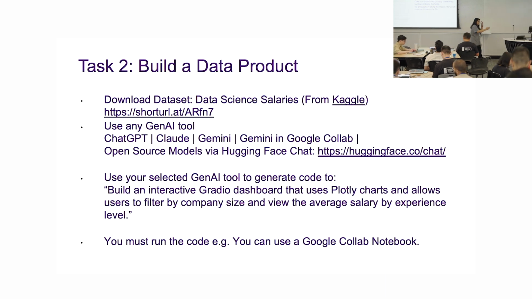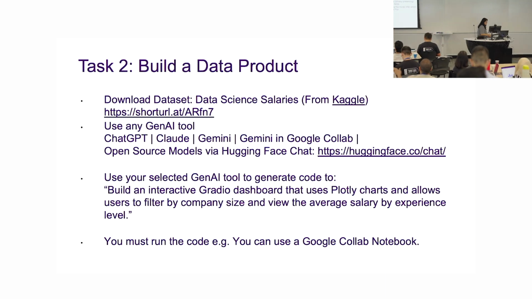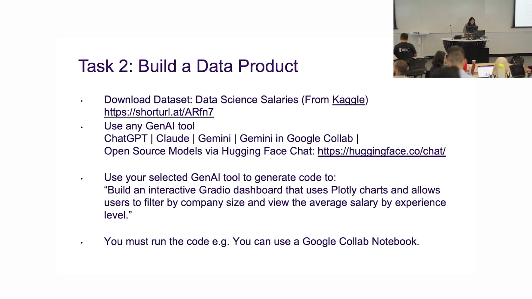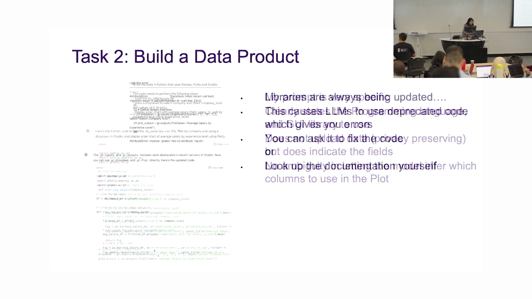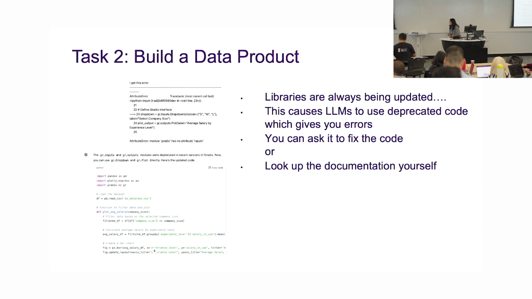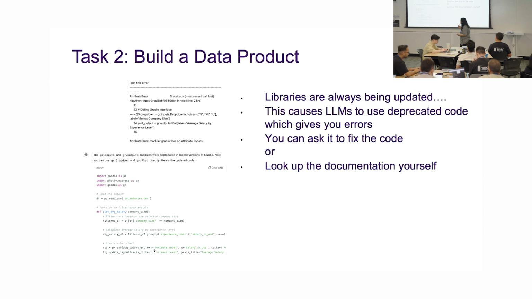Now, like the PhD student over here, when I tried to run it, I got an error. The reason is that some of these libraries change faster than these models update.